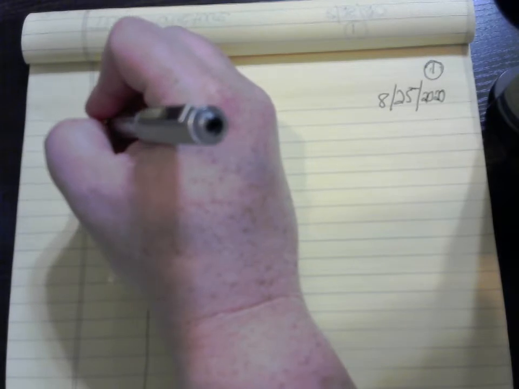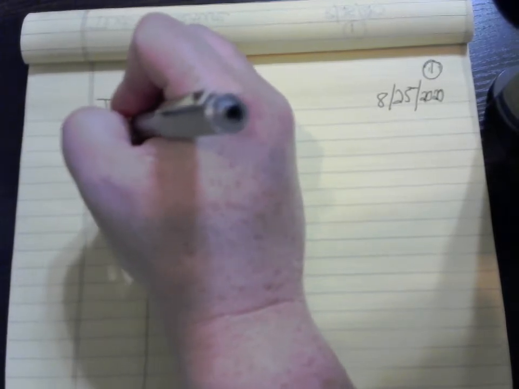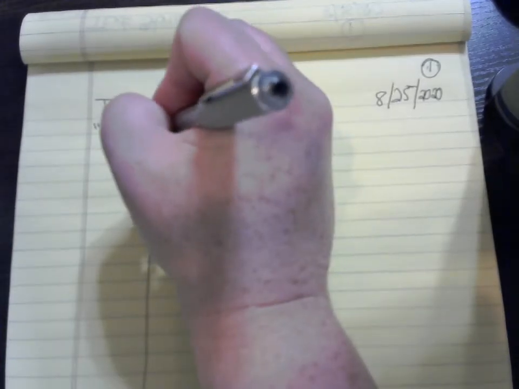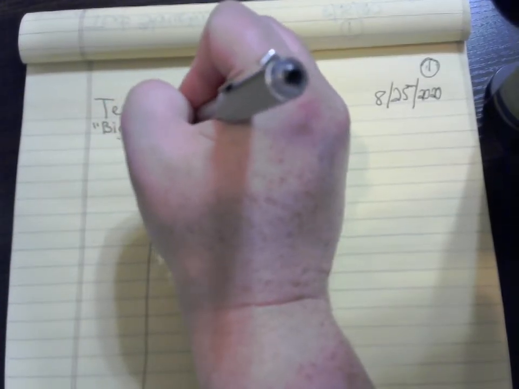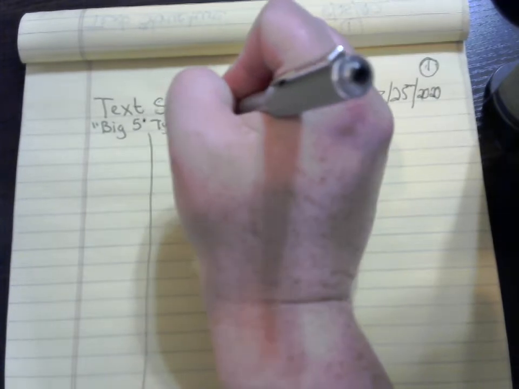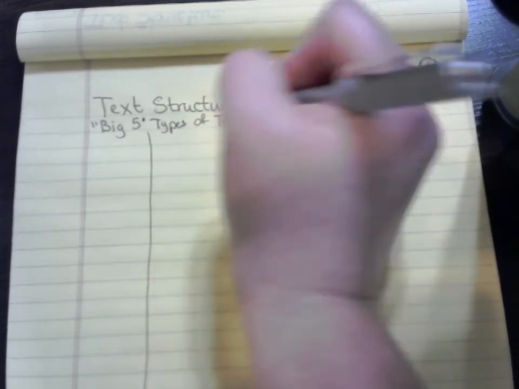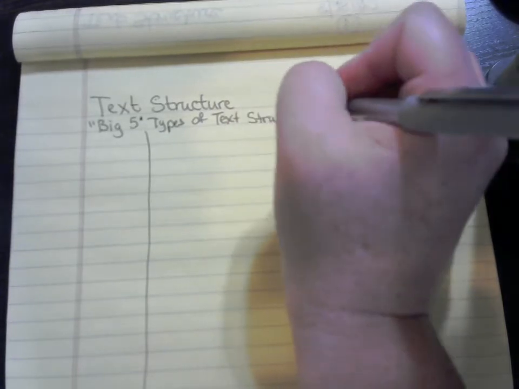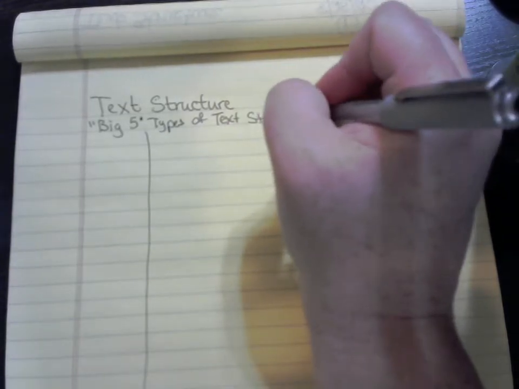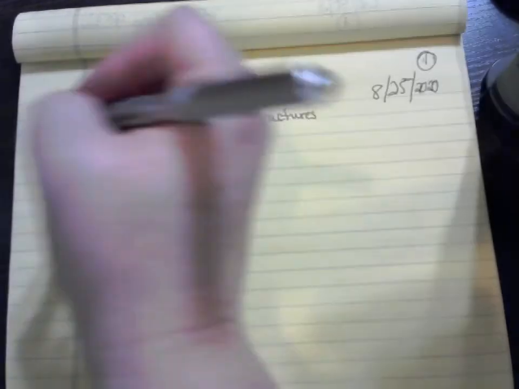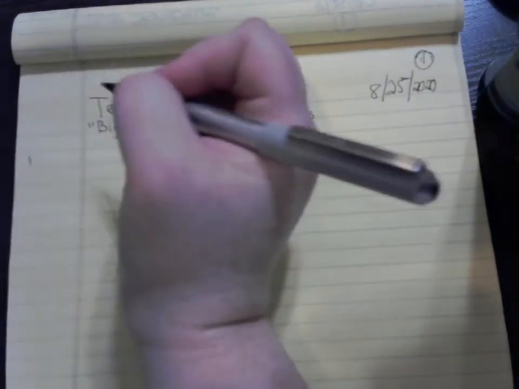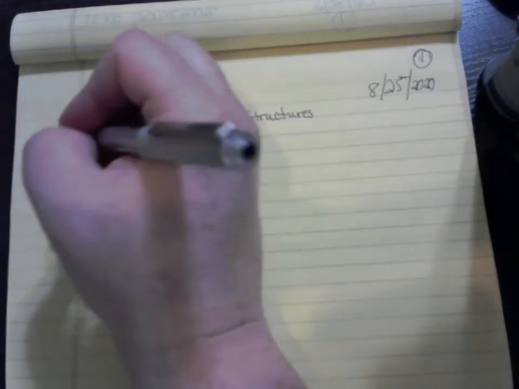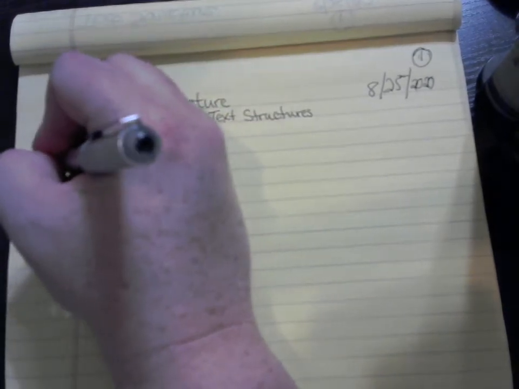Okay, so we're going to talk about the big 5 that we talked about in class on Tuesday. So the types of text structure. And the first type of text structure that we're going to talk about is, of course, description.